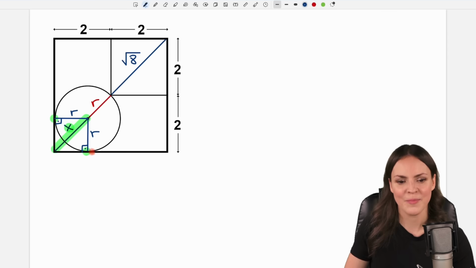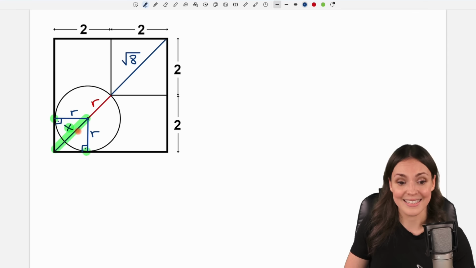Why is that? Because the circle touches the square here. This side of the square is a tangent to my circle at this point. And the radius is always perpendicular to the tangent at this point then.